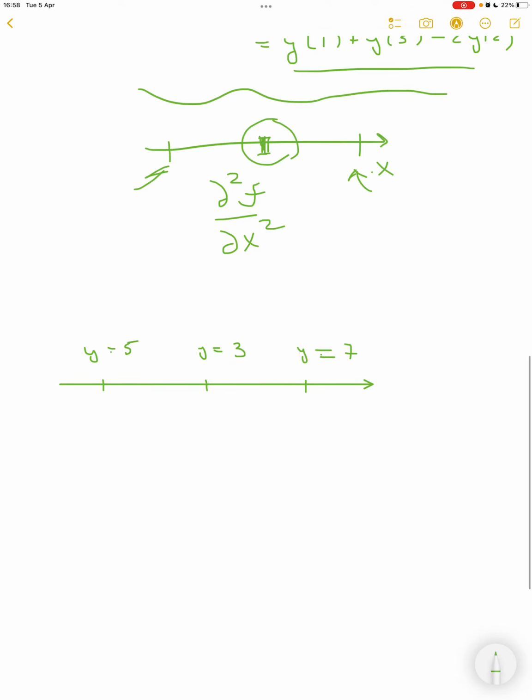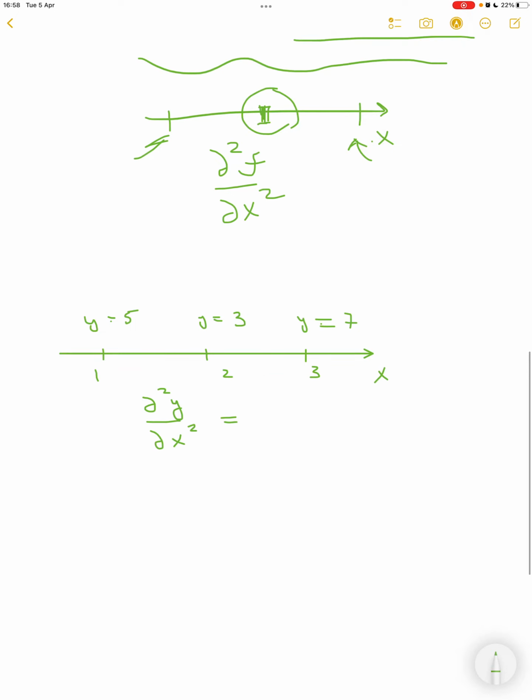Now, what will be the second order derivative of y here with respect to this axis? It's points 1, 2, and 3. What do you think? Well, we just pick the numbers. Think about the problem. Pause the video.